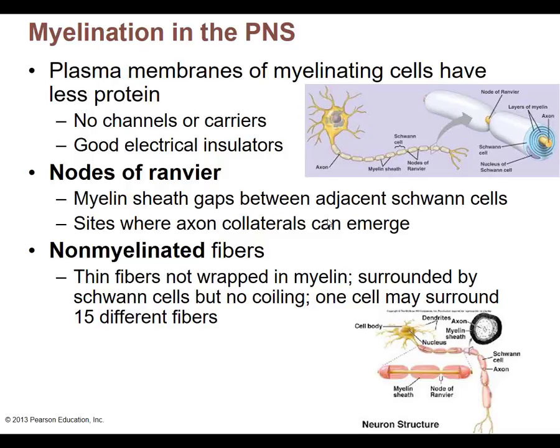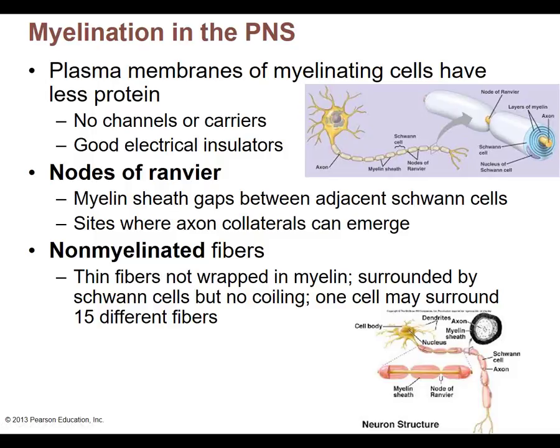Now, there are usually gaps between different Schwann cells where there's either very little or no myelin. Those gaps are called nodes of Ranvier. If an axon has an axon collateral, which just means it has a branch coming off of it, it would come off at one of these nodes of Ranvier. Now, non-myelinated fibers are usually really thin fibers, not wrapped in myelin.